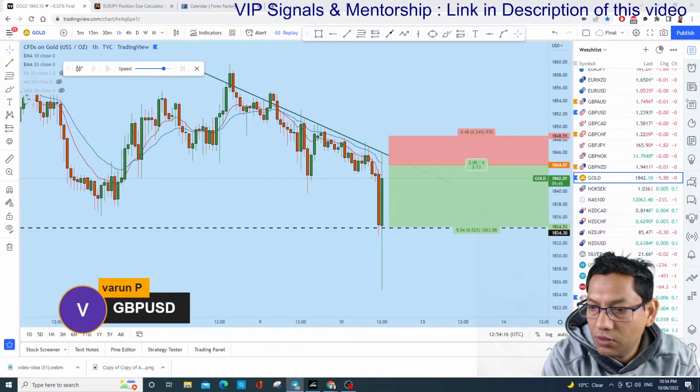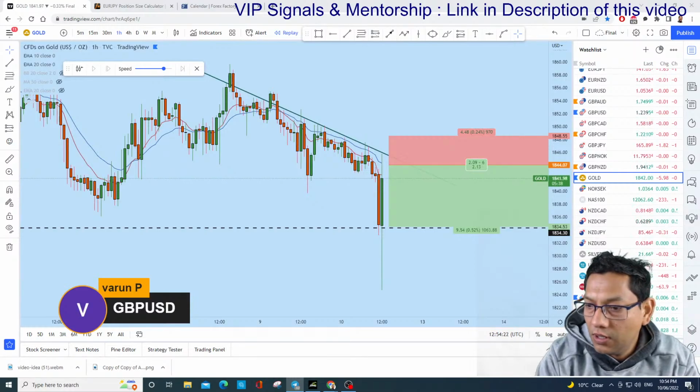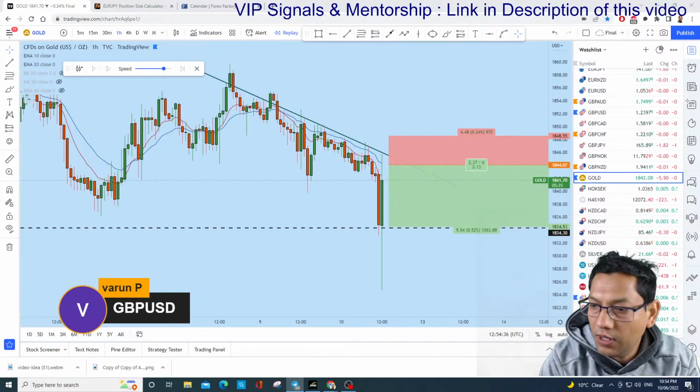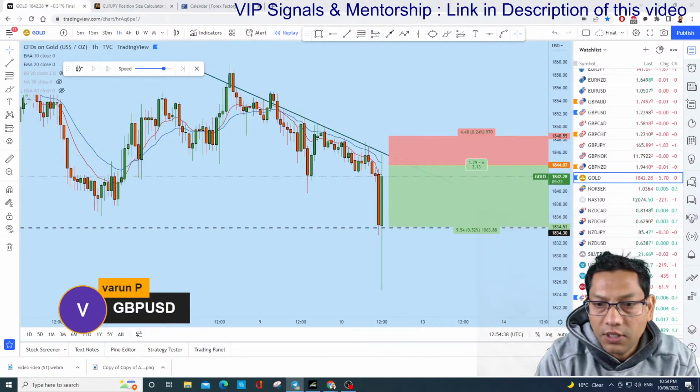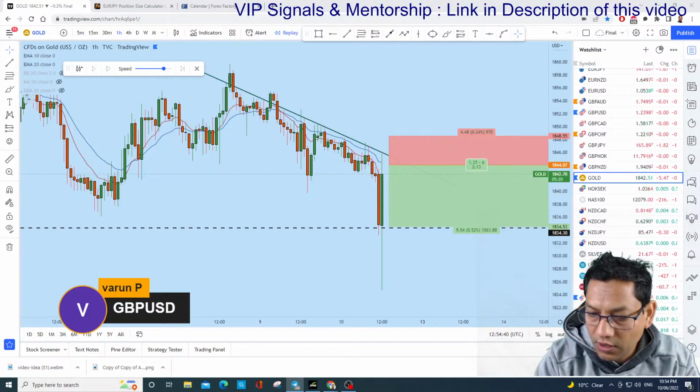Gold sell limit at 1844.00, SL at 1848.55, TP at 1834.53.